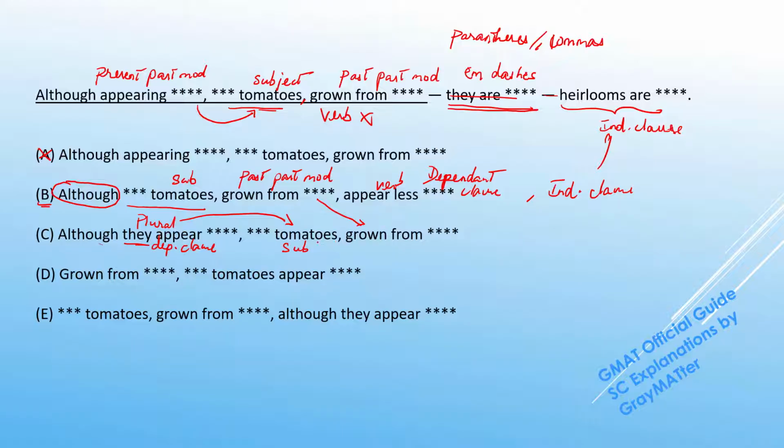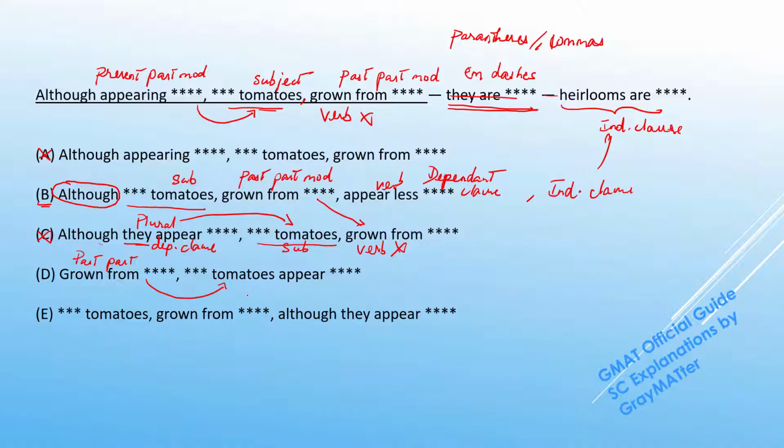So once again, what we are missing in this clause is a verb. So we just have a subject and no verb for this clause construction. C goes off.